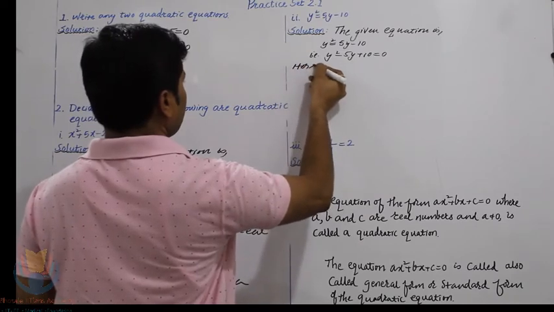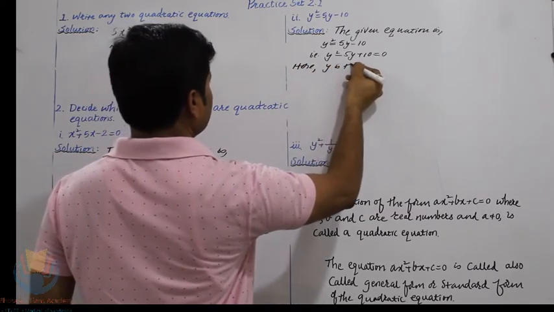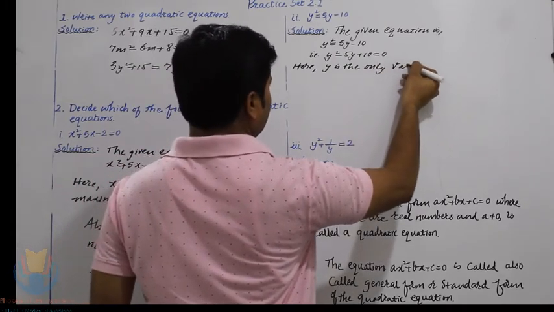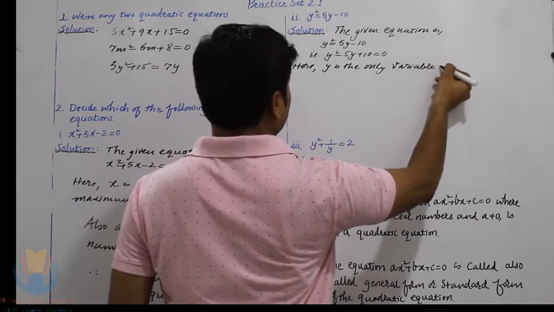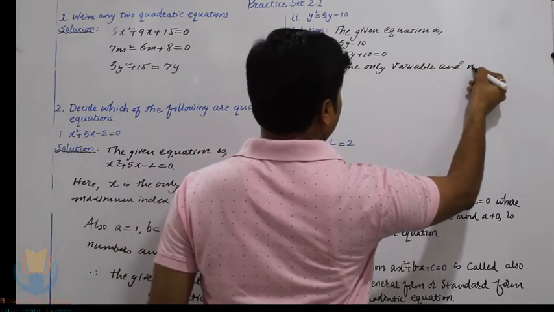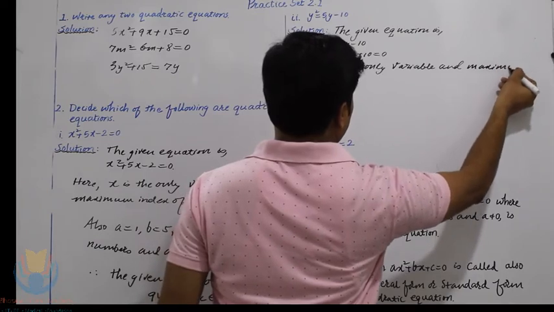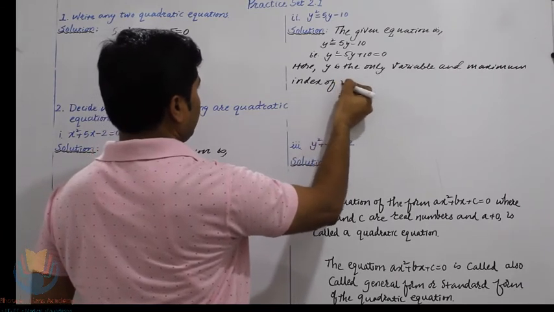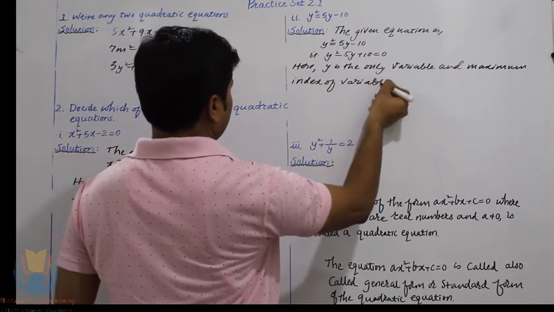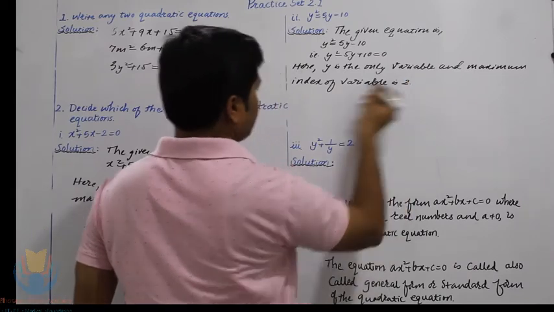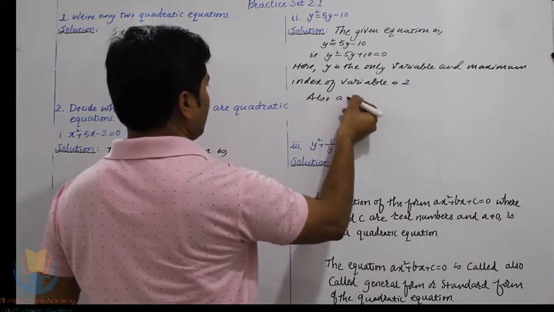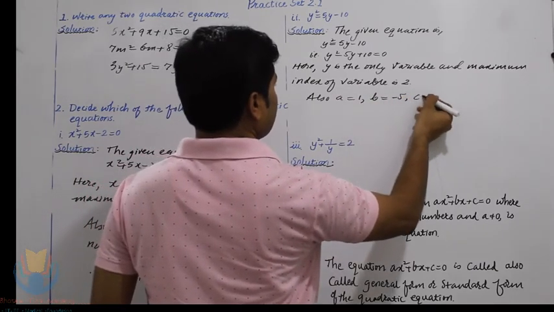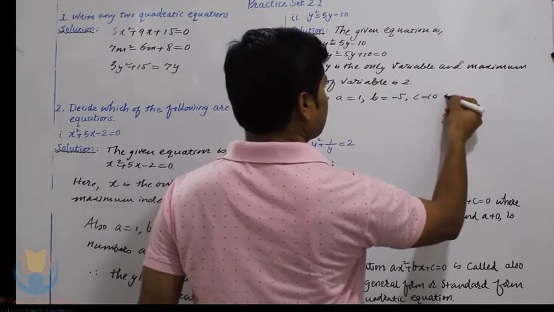Here y is the only variable and maximum index of variable is 2, and one more thing also, a is equal to 1, b is equal to minus 5, c is equal to 10, so all are real numbers.